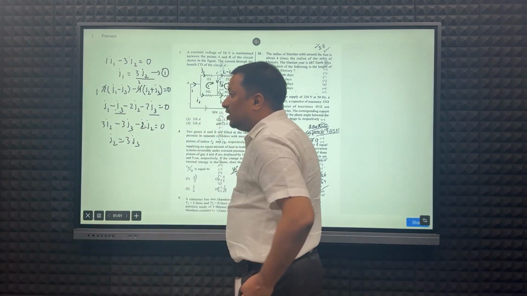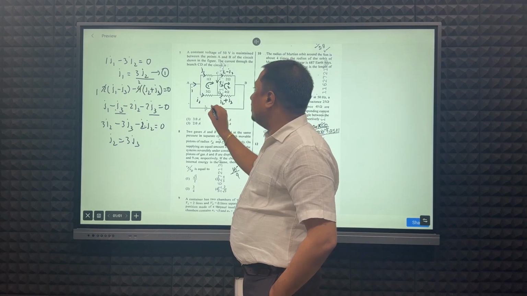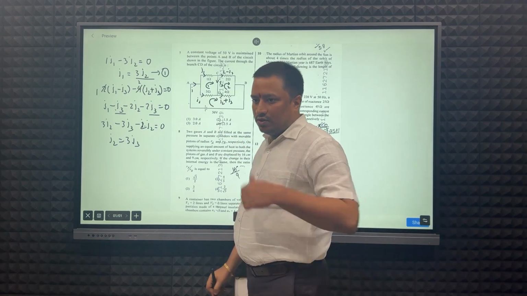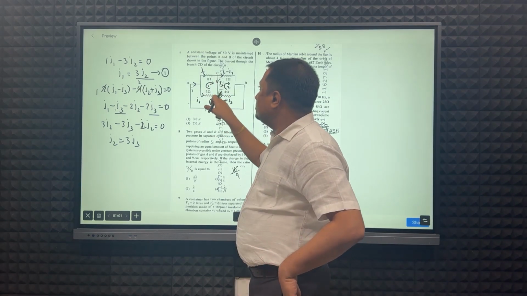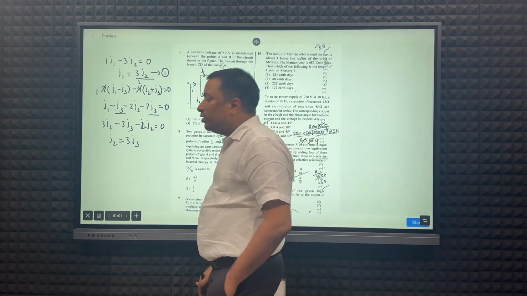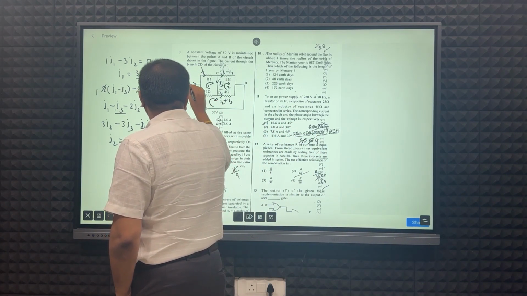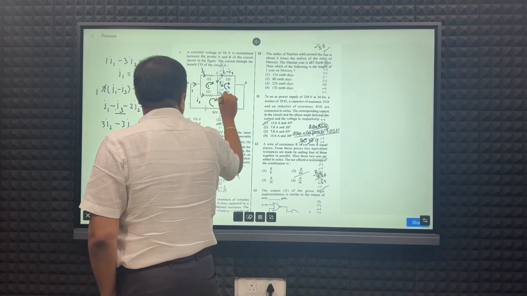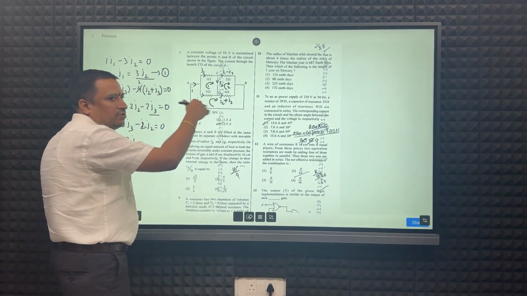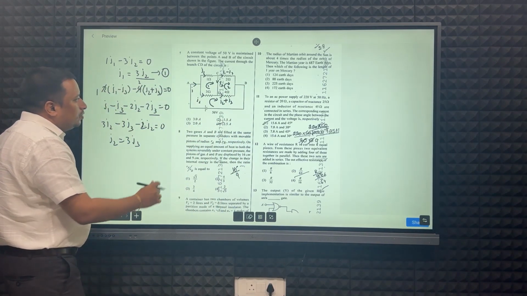Now they are not asking us this. They are asking what will be the current in CD, that is I3. So I am going to apply KVL again in this loop from here to A, which consists of the battery also. What am I going to get?